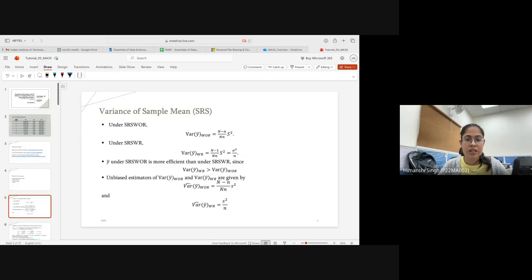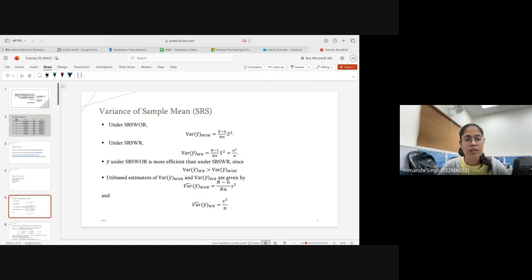Then in the previous lectures, we discussed the sample mean and the population mean, and how we can estimate the population mean by using the sample which we have generated. And what can be the variance of those estimators when we are considering both techniques, whether it is with replacement or without replacement. Here in all the examples, we are only considering that we are taking the sample using simple random sampling, not any other sampling.